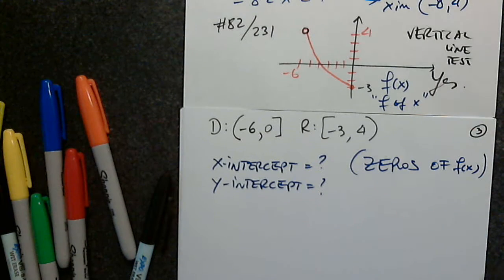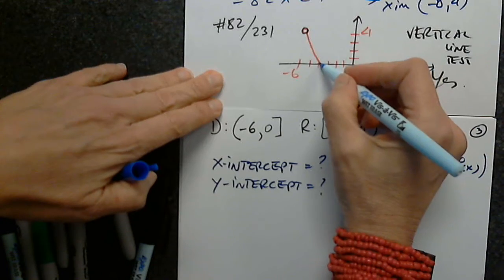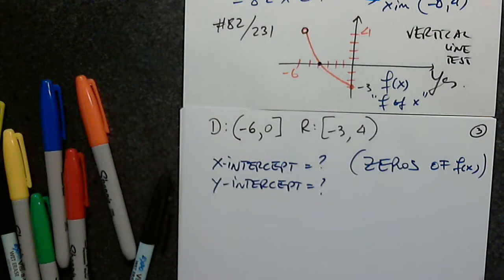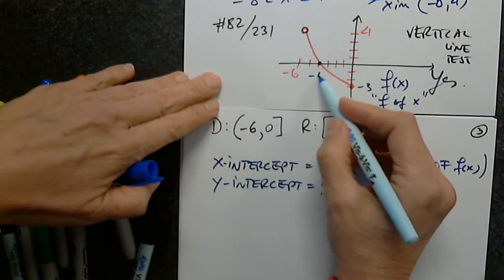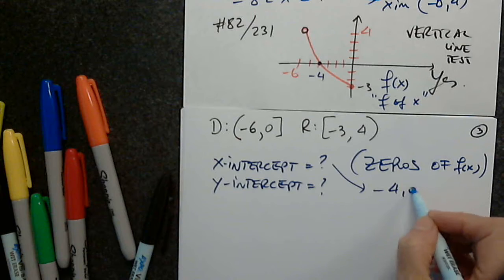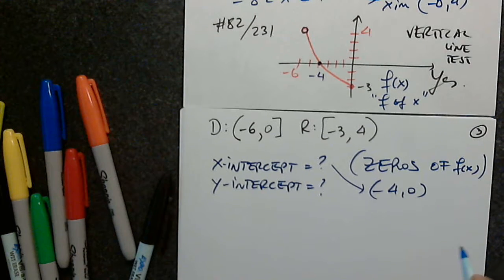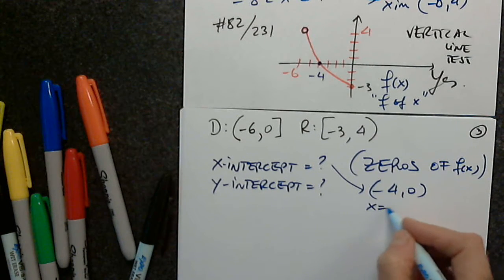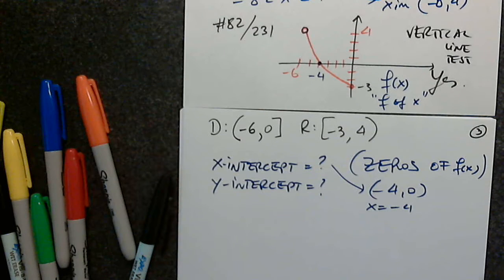And what does the x-intercept mean? It's the point, or points, where the graph of the function crosses the x-axis. I see that the function crosses the x-axis at this point, and I will state that the x-intercept is -4, comma 0. We prefer it in an ordered pair format, but if you just say -4, it's fine too.